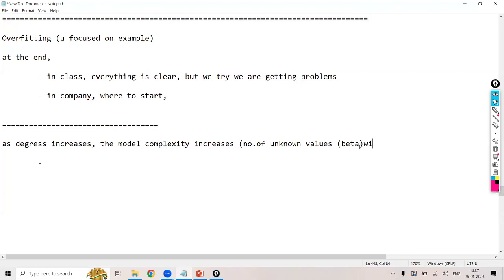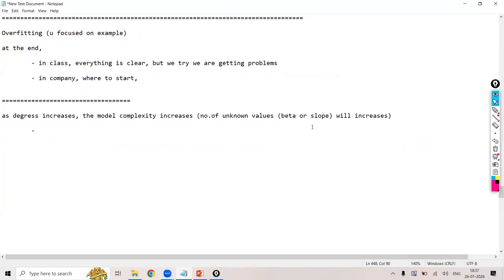As degree increases, automatically beta increases. Number of unknown values, that is nothing but beta or slope, in some other way it is called slope. As the model complexity increases, the number of unknowns increases, so more amount of maths will come into the picture.